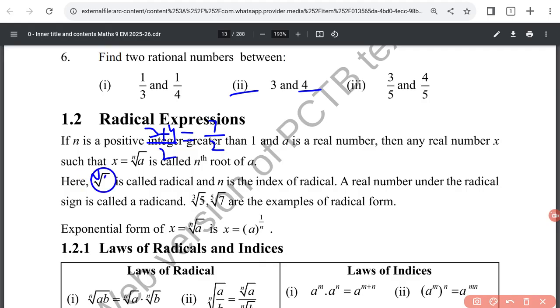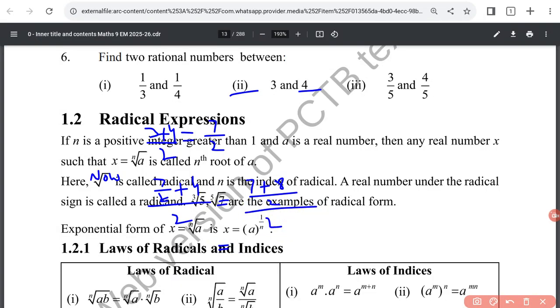Now we have 7 over 2 plus 4 over 2, that is 7 plus 8, 4 times 2 is 8, over 2, over again 2.